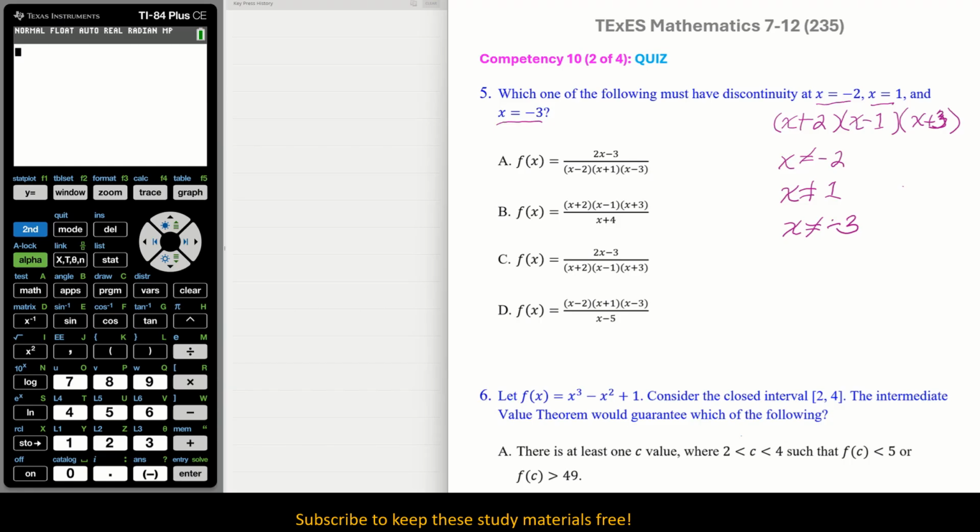So we need to look at our options. Obviously, this is not true of B and D. Now, since I've laid it out in factored form, we come over here and make sure we take a look. Be careful with your positives and negatives.